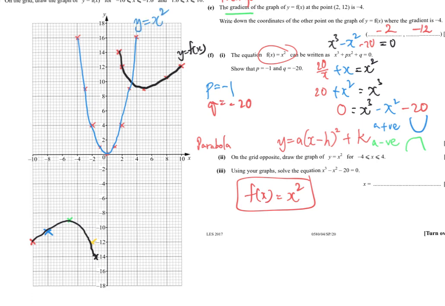We just need to find the intersection point of these two graphs again, so it should be here. So the x coordinate of this point should be something like here. For my drawing, I found it should be something like 3.4, and for the marking scheme for this one it should be 3.1 to 3.6. So try to draw better to get the perfect answer.